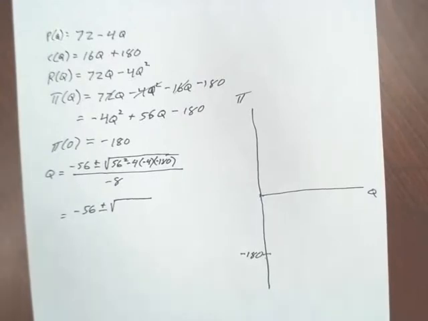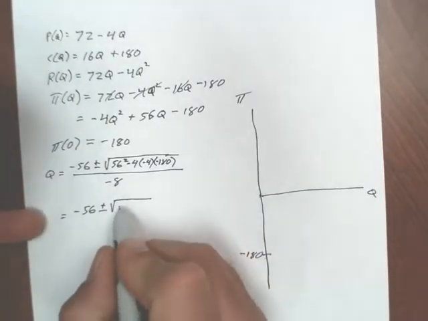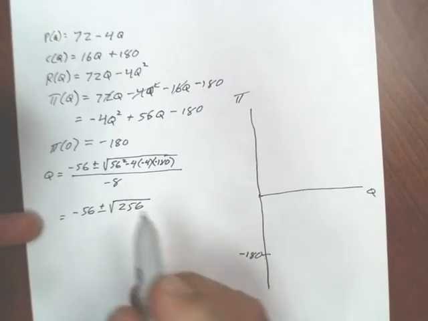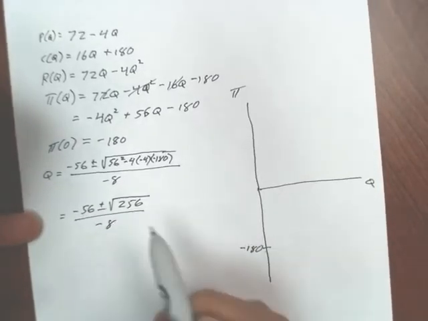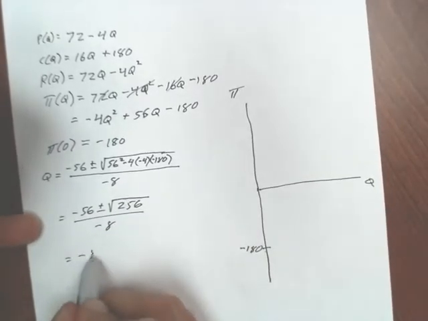Let's see, 56 squared minus 4 times negative 4 times negative 180 equals 256. Okay, divided by negative 8.